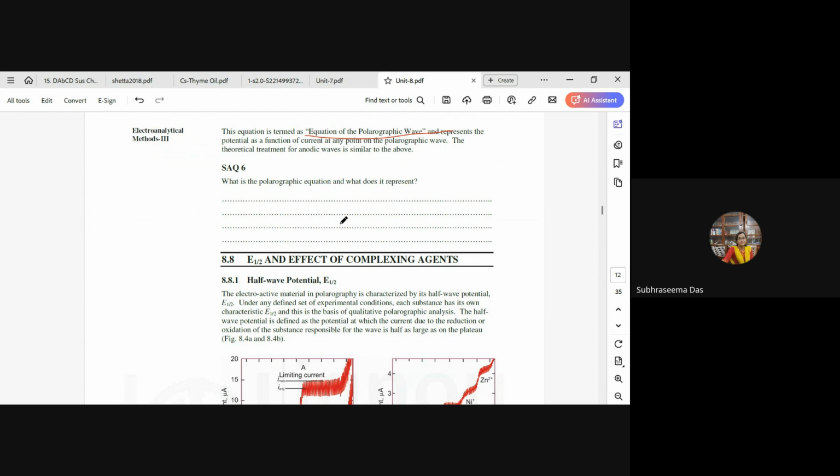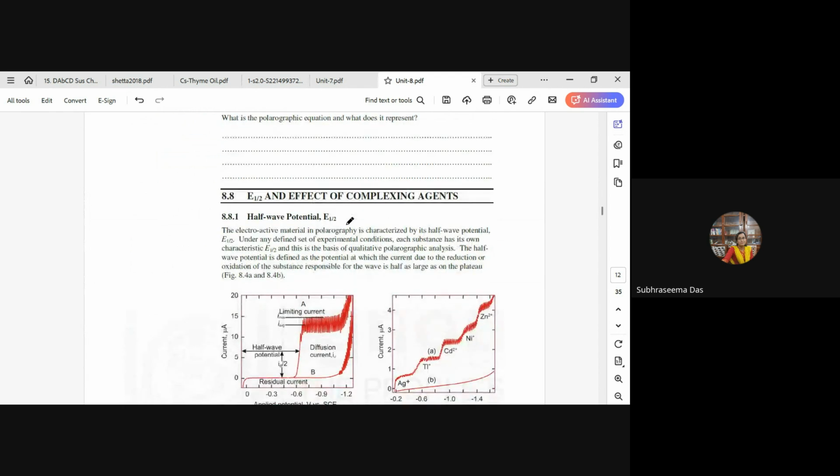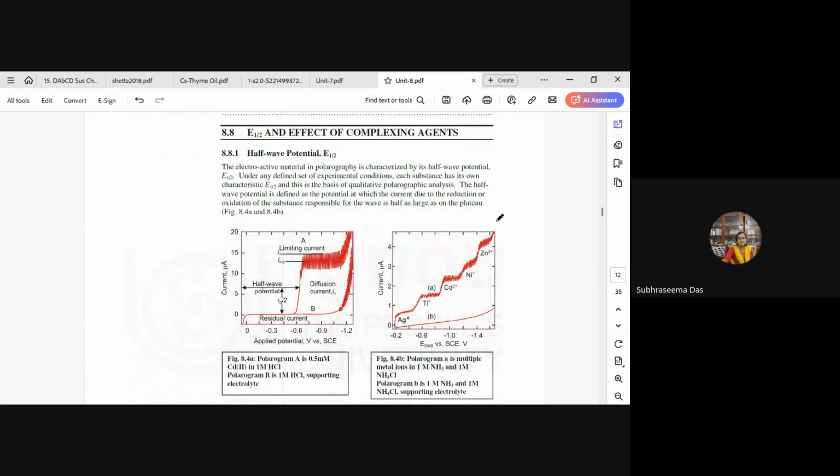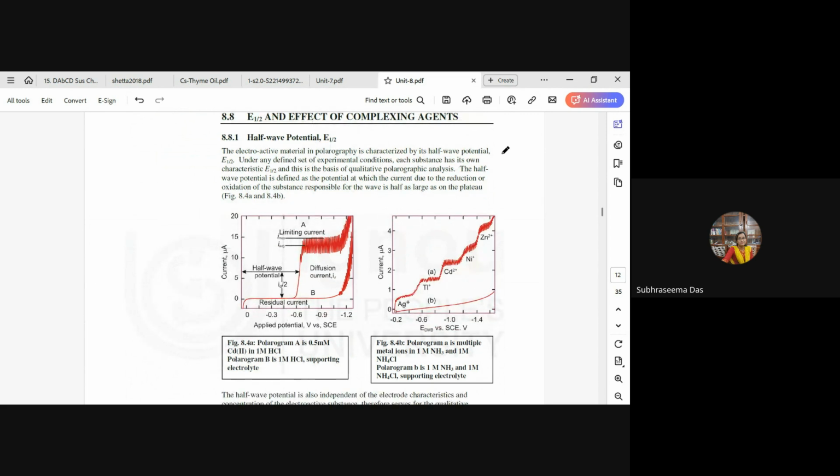Now coming to the E half and its effect on complexing agents. First we'll talk about the half-wave potential. The electroactive material in polarography is characterized by its half-wave potential E half. Under any set of experimental conditions, each substance has its own characteristic E half, and this forms the fundamentals of polarographic analysis.